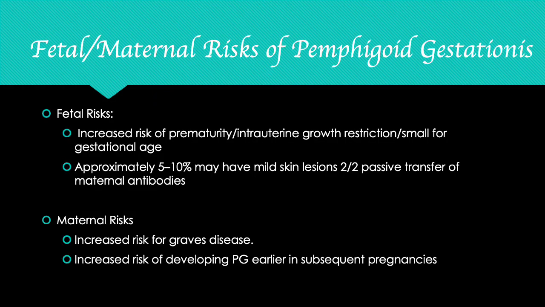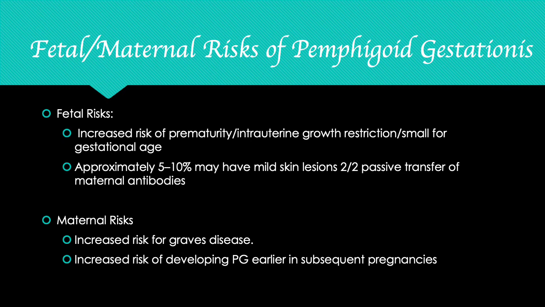So some of the fetal risks to this rash, as I mentioned, with the PUP rash, there were no really fetal or maternal risks associated with that rash. But with this rash, there is an increased risk of intrauterine growth restriction, as well as prematurity. There's also a risk that the baby could be born with mild skin rashes just because there's transfer of the antibodies that causes the skin disease to the baby.